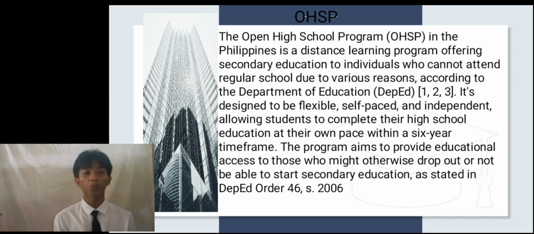The Open High School Program, OHSP, in the Philippines is a distance learning program offering secondary education to individuals who cannot attend regular school due to various reasons. According to the Department of Education, DepEd, it's designed to be flexible, self-paced, and independent, allowing students to complete their high school education at their own pace.